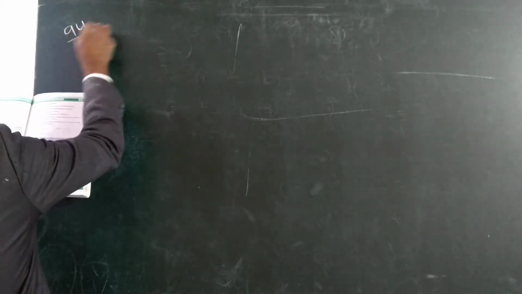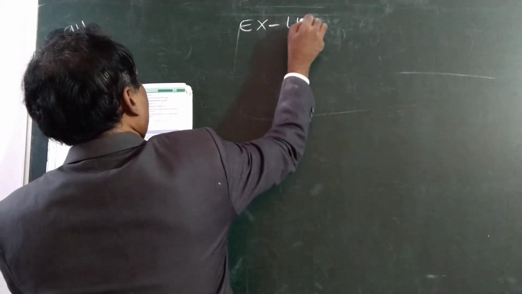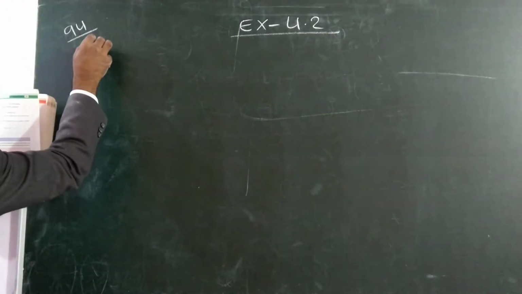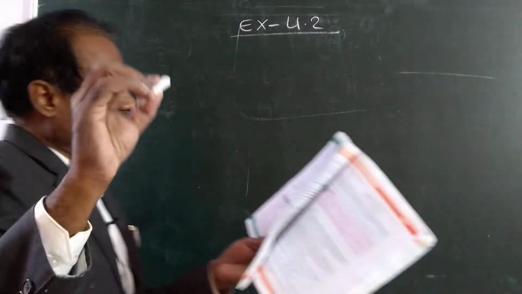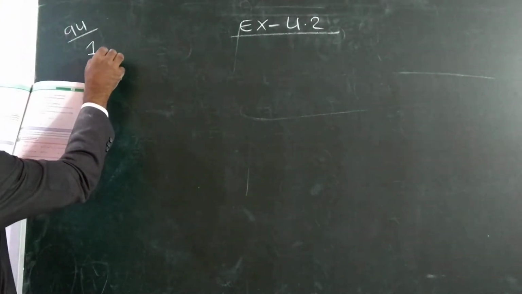Students, open the textbooks, page number 94, Exercise 4.2. First question, we completed three bits. So the second and third remain.